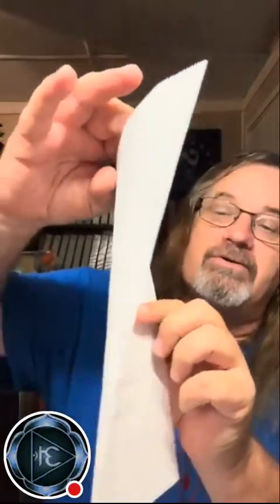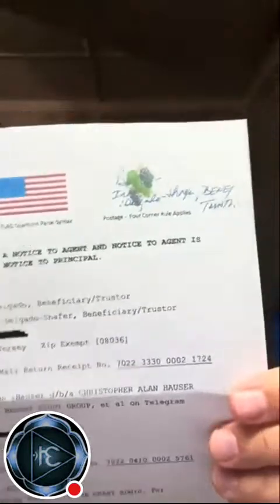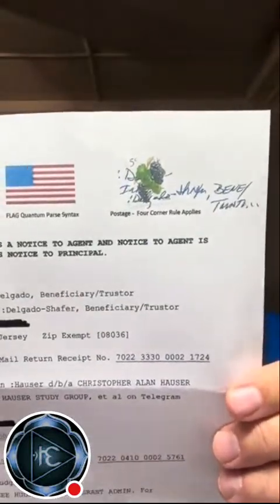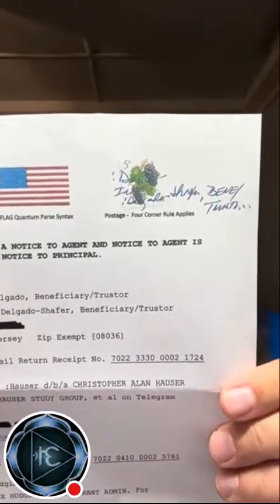Okay? Certified mail return receipt. Right? See that right there? 7022-3330-0002-1724. Okay? He sent this certified mail.